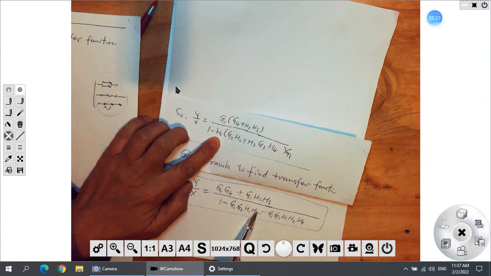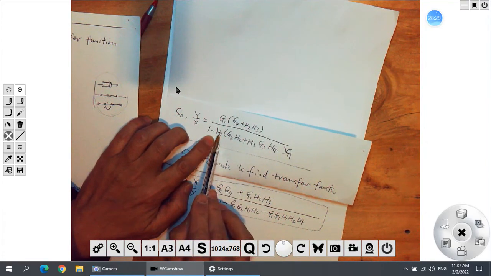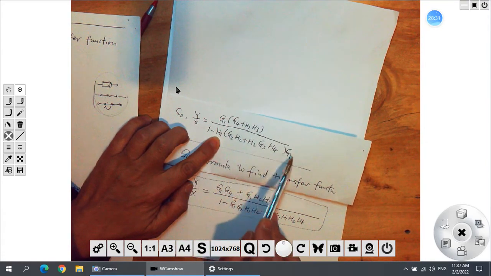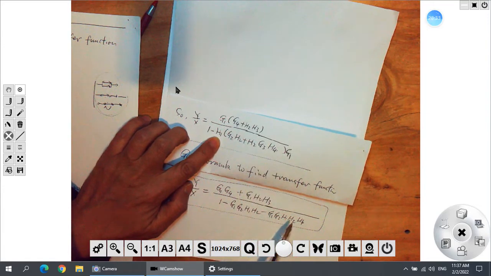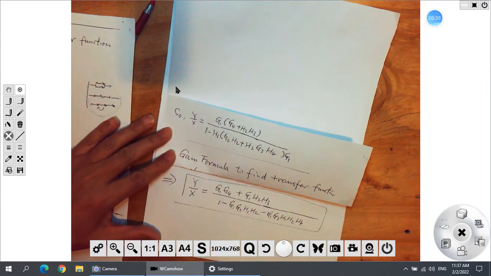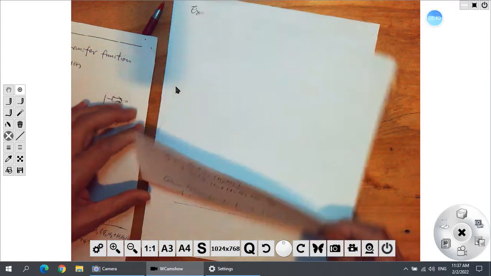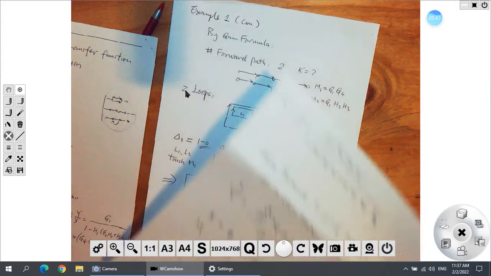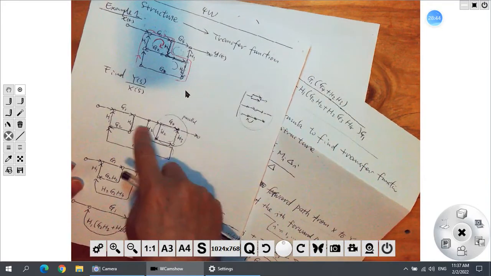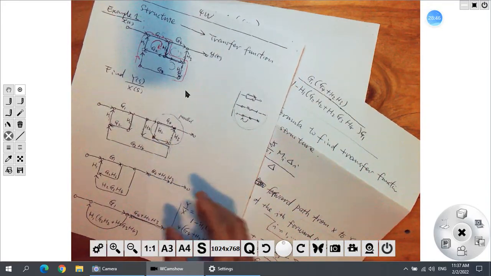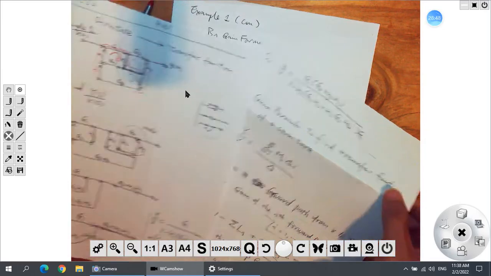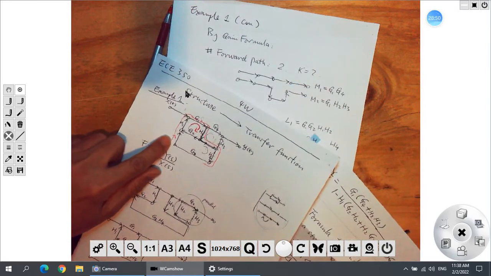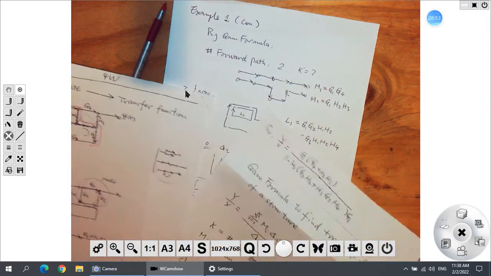This is the first term. Again, the second is H1, H2, H4, and G1, G3. Right? So they are the same. But by this method, you do not need to separate them and then combine them like this. You can just look at this graph, investigate the graph directly, and you can have the structure.